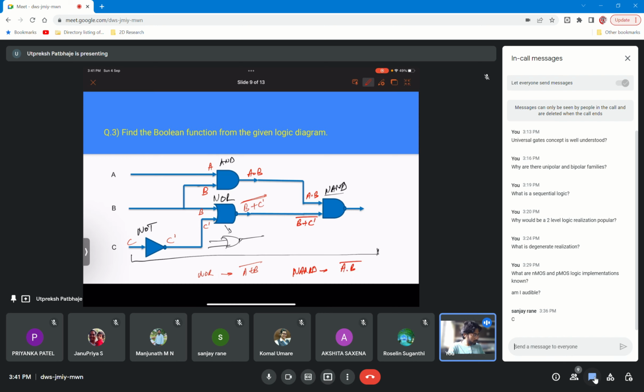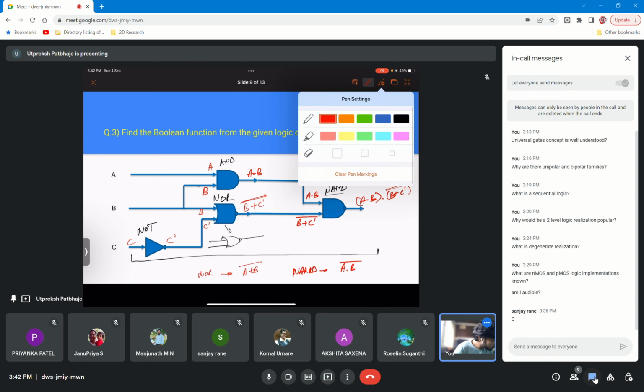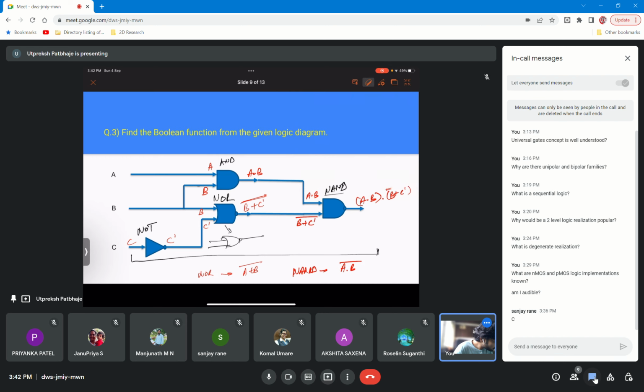So over these two inputs, which is A dot B, we can just put them in brackets for now, and B plus C bar. Sorry, it's a single bar. And this is ANDed, and then a complement is kept over it. So this is what we are getting at this output.